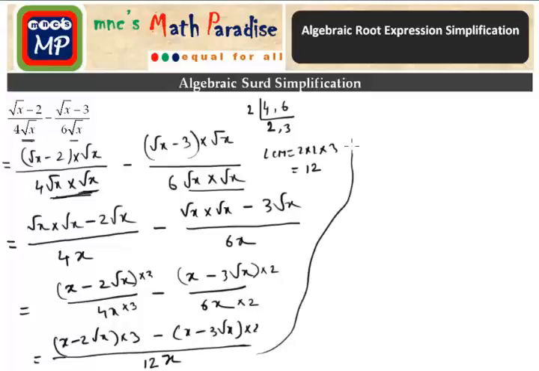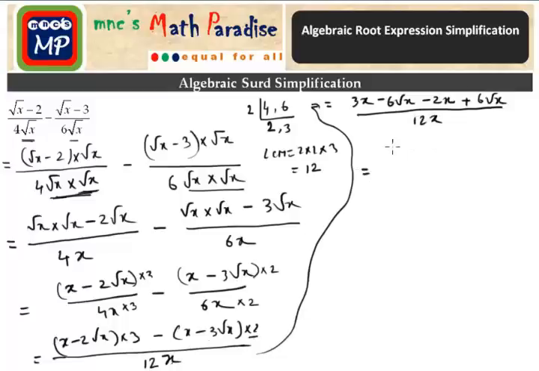Now 3x minus 3 times 2 is 6 root x, so minus 6 root x. Then minus x times 2, we get minus 2x, and minus 2 times minus 3 root x gives plus 6 root x, division 12x.